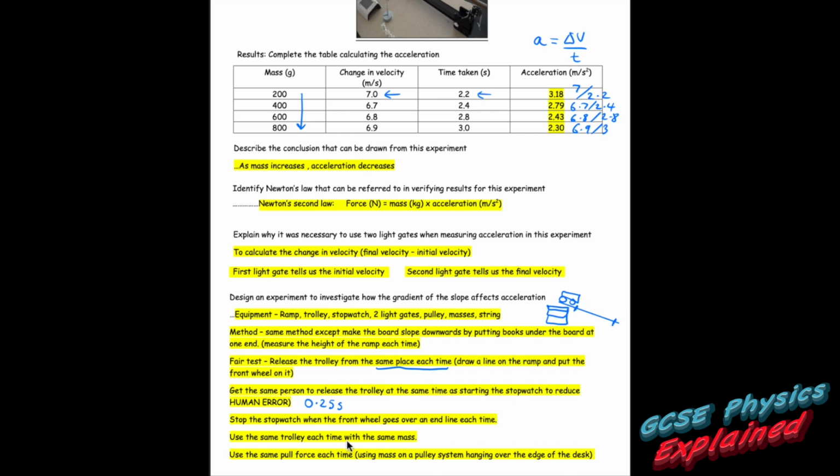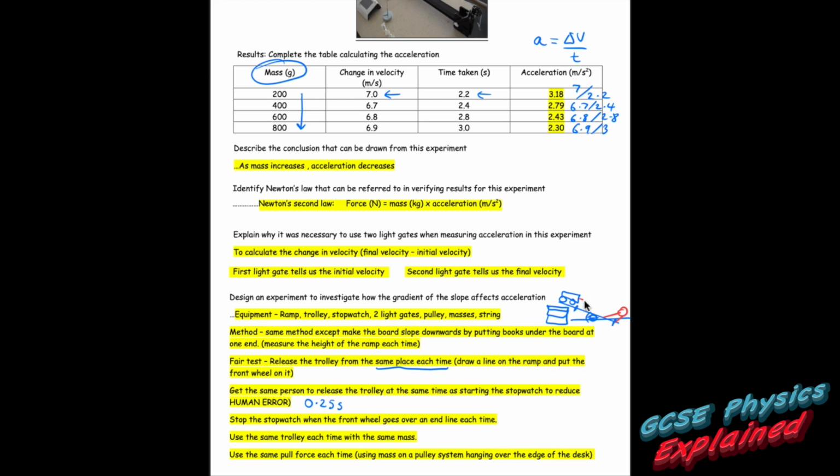Use the same trolley each time with the same mass. Last time they were changing the mass, but this time we are changing the slope, theta. Use the same pull force each time, using a mass on a pulley system hanging over the edge of a desk.